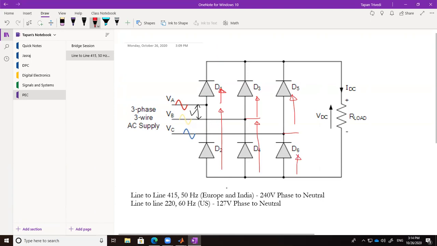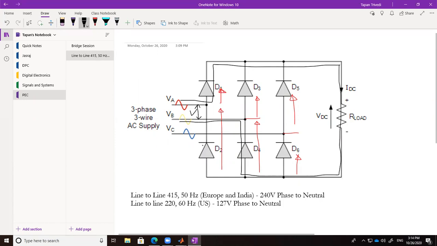So basically the direction of the diode will ensure that the current is flowing from, let us say, A to D1 to load. Through the load, it will come back through D4, because as you know, the diode conducts only from anode to cathode, right?